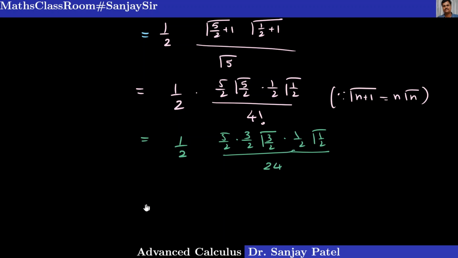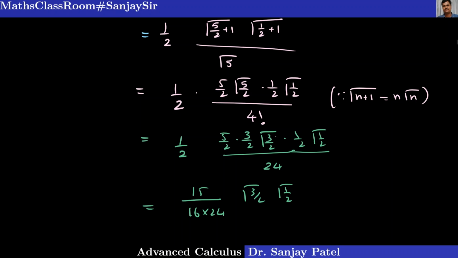So further, if you just simplify everything, this is 2 to the 4, 2 to the 8, to the 16, and numerator is 15. So 15 upon 16 into 24 into gamma 3 by 2 into gamma 1 by 2.